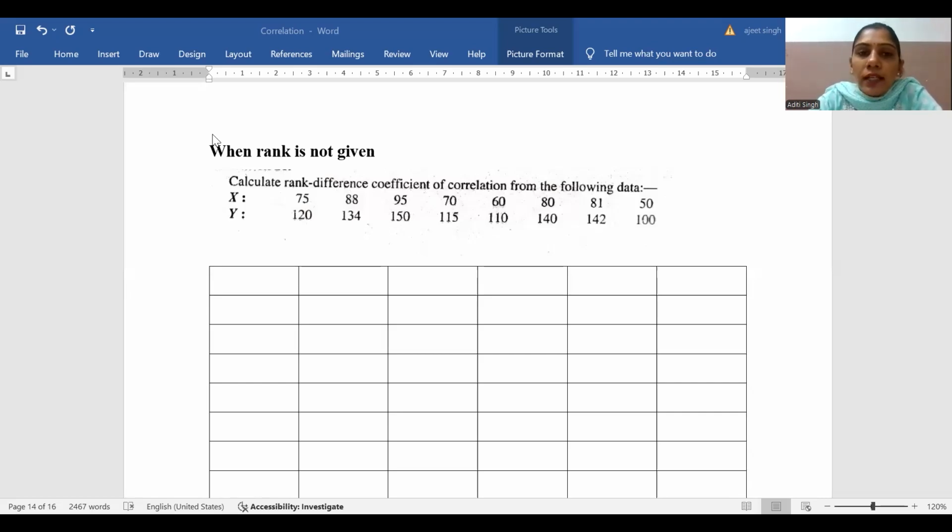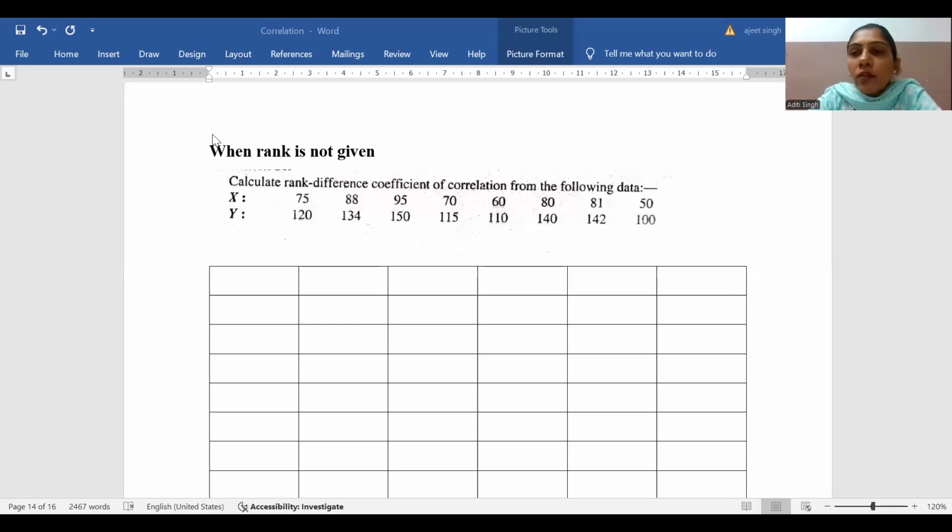Ranking is assigned either in ascending order or in descending order. We generally prefer to assign ranking in descending order.